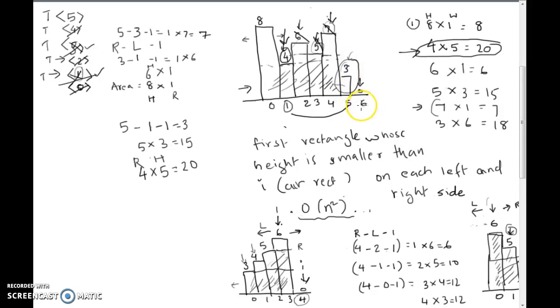So we use the right limit that we used previously. The right limit is 6, and the height is 3, and 6 times 3 is 18. If you extend this all the way here, you can see 6 times 3, 18 as the area, and this is what we saw here as well. So the largest area that we get here is 4 times 5, 20.